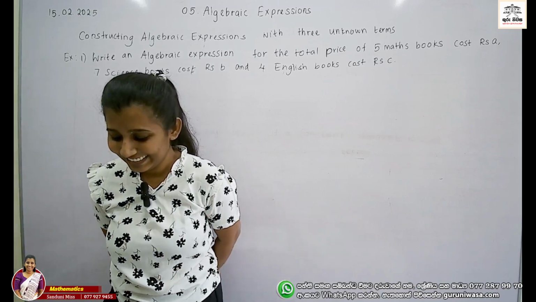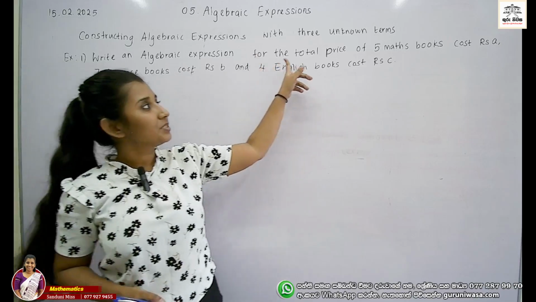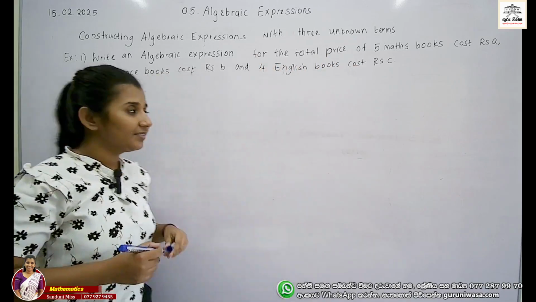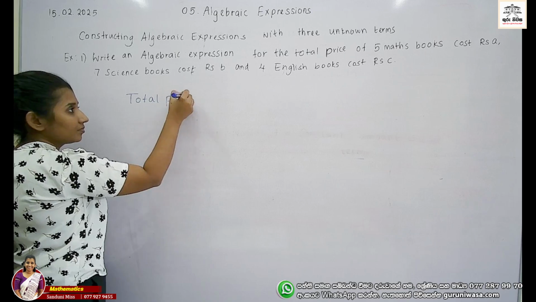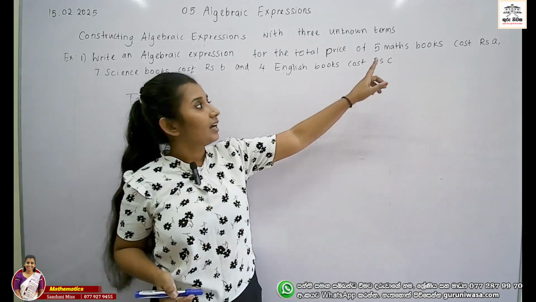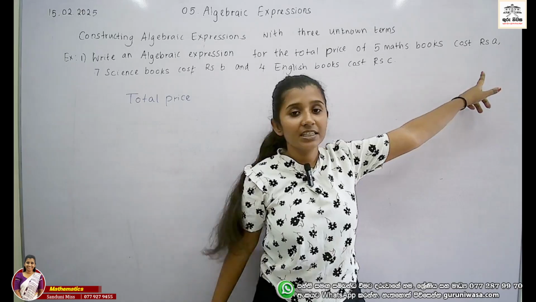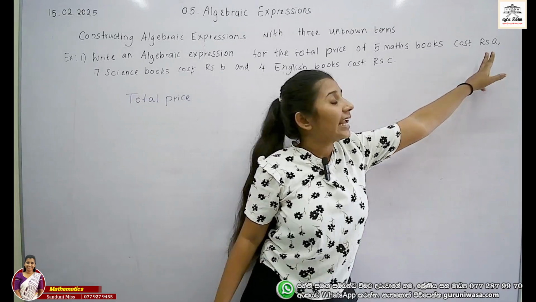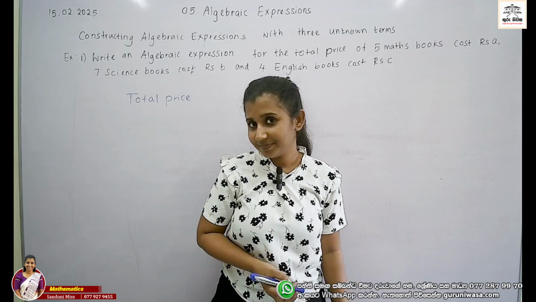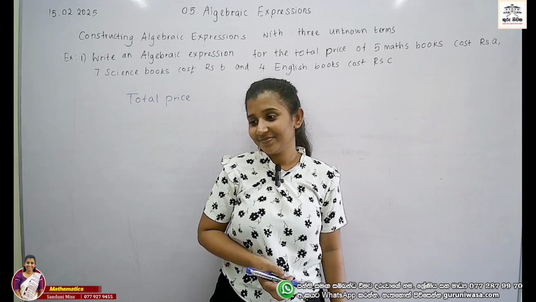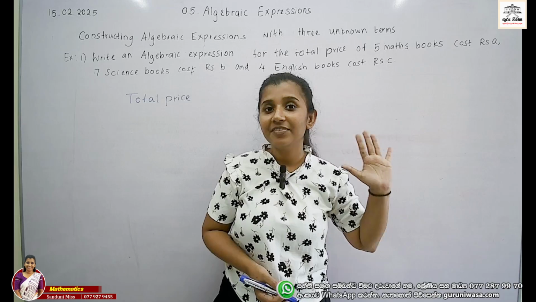Okay, done. Right. So see now, write an algebraic expression for the total price. Now you need to find the total price. Total price of 5 maths books. How many maths books? 5. One book costs A rupees. So how can I find the cost for 5 books? A times 5, or 5A.